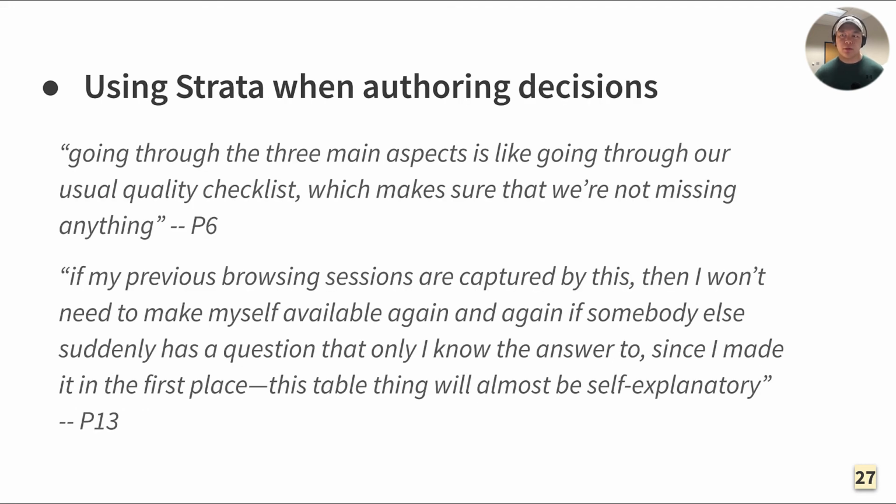In addition, they were also excited about authoring tables with a tool like Strata running in the background to automatically collect relevant honest signals, which would be particularly useful when they ended up having to justify their decisions, such as during code reviews or project handovers.